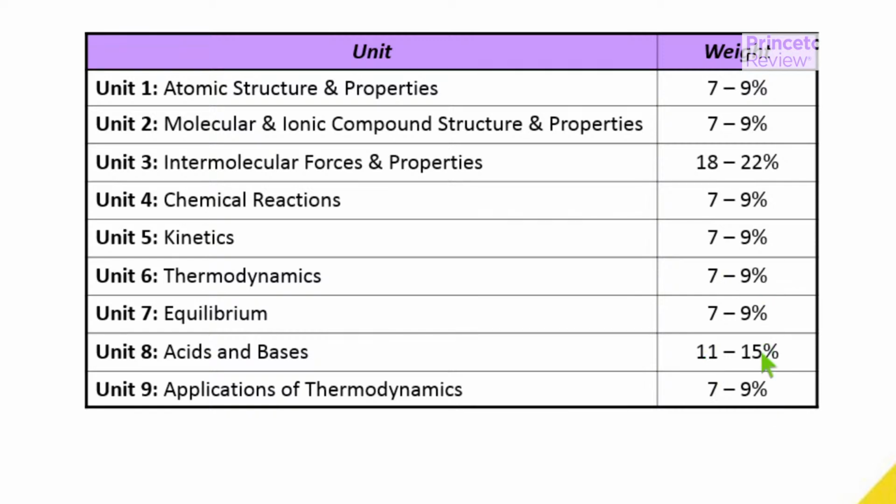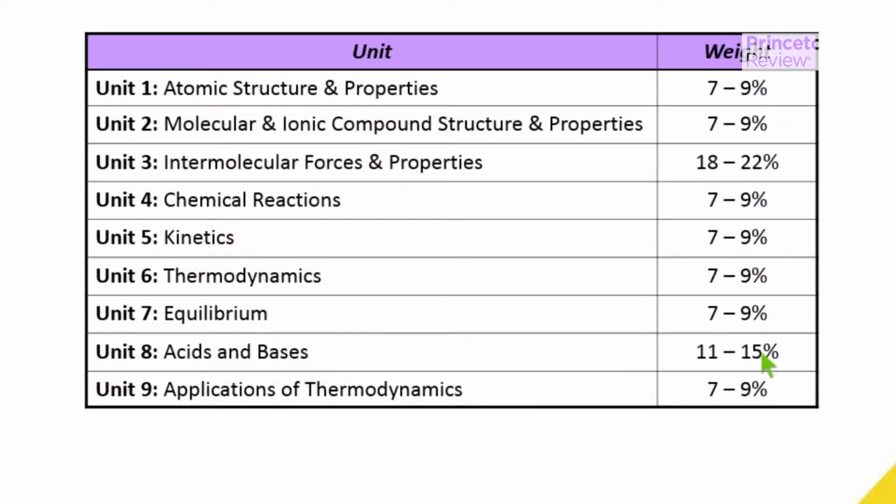So the areas that have a little bit more are supposedly the harder areas, and also the areas that, as somebody who worked as a chemist at one point in time, I will tell you are the most important as well.